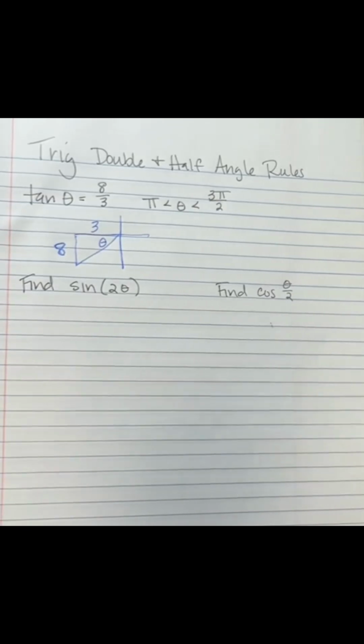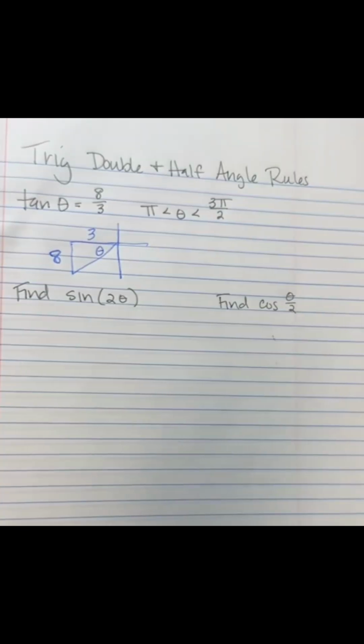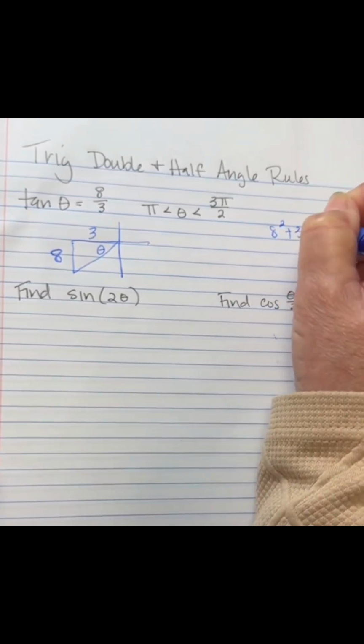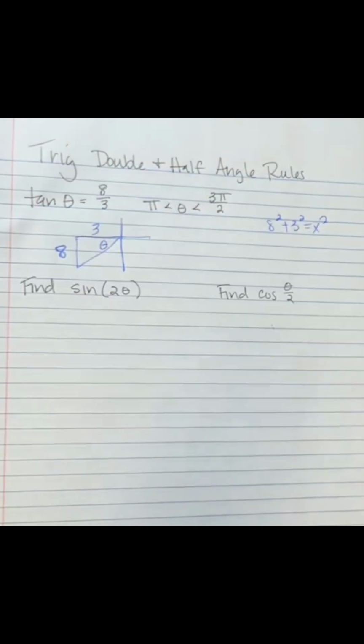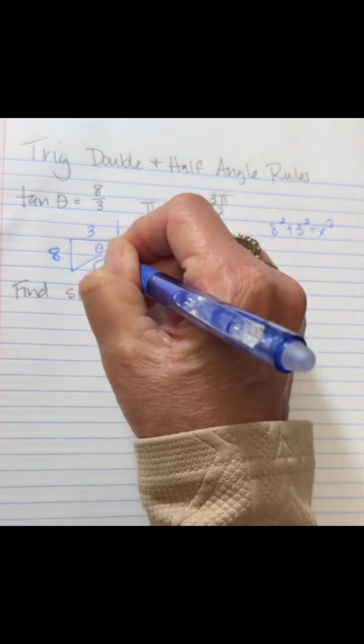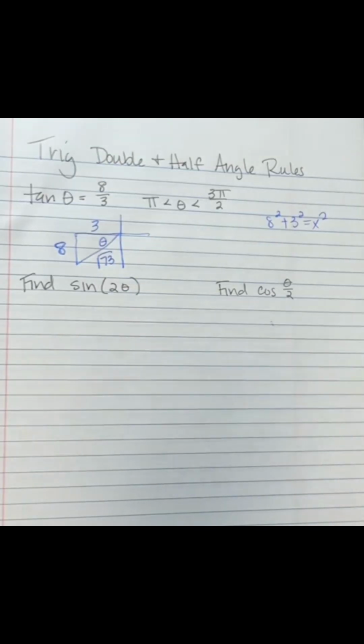And then we find out what the hypotenuse would be by doing 8 squared plus 3 squared equals x squared. That's 73, so this is the square root of 73. We can't break that down, so we leave it.